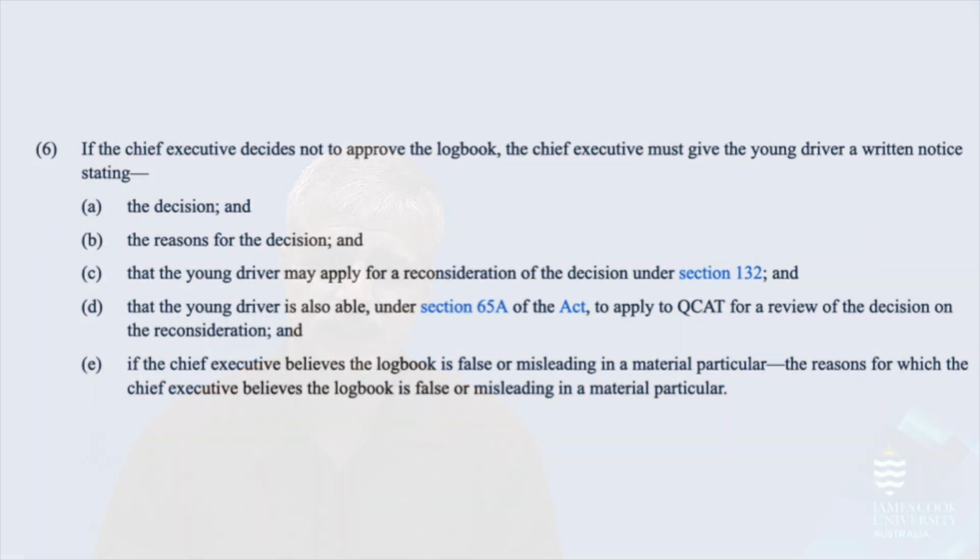Now, Sub-Regulation 6 says that if the delegate decides not to approve a logbook, they must give the young driver a written statement, including both the reasons for rejecting the logbook and the appeal mechanisms open to the young driver. So if you're after information specifically about your decision, then the ADJR Act or the specific legislation might offer you some assistance.